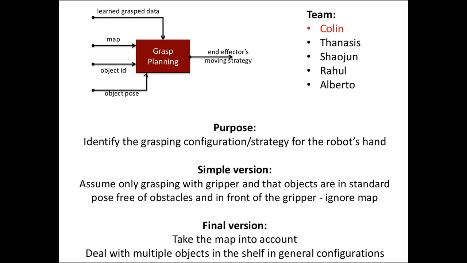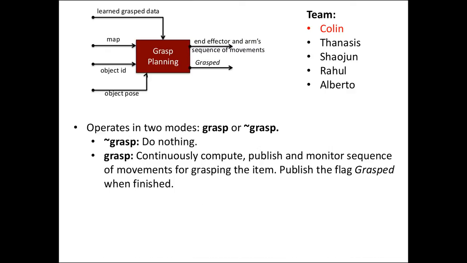In the final version we'll do more or less the same, but taking the map into account, and it will also have to deal with multiple different objects in different configurations in front of the arm. This grasping model has two modes of operation: grasp and not grasp. When it's not in grasp, it is doing nothing. When in its grasp condition, it will continuously compute, publish, and monitor the sequence of movements that will grasp the object.